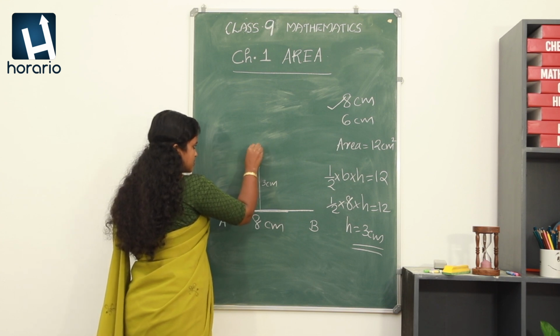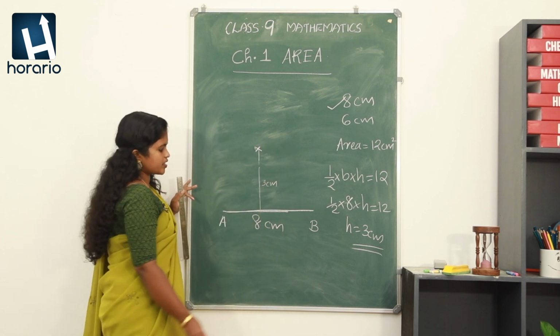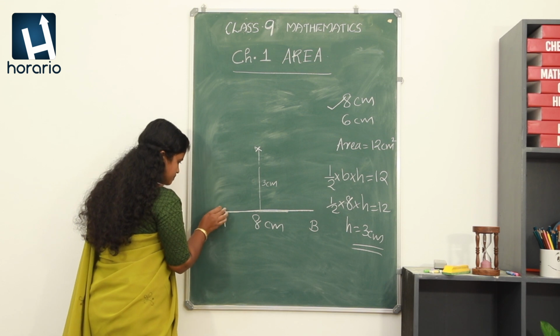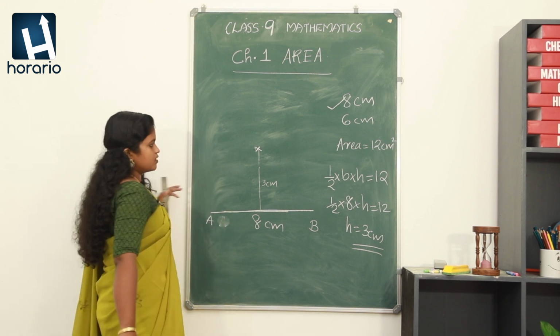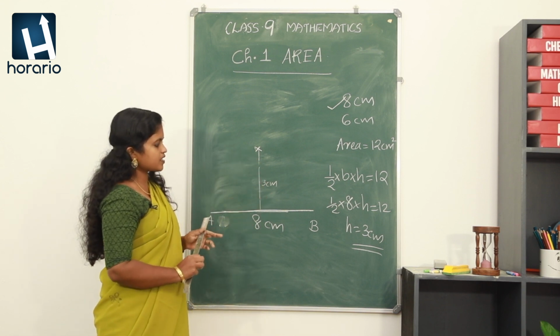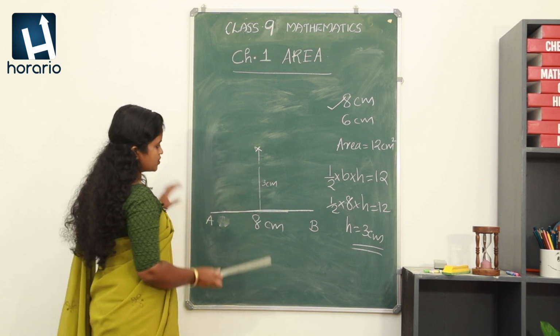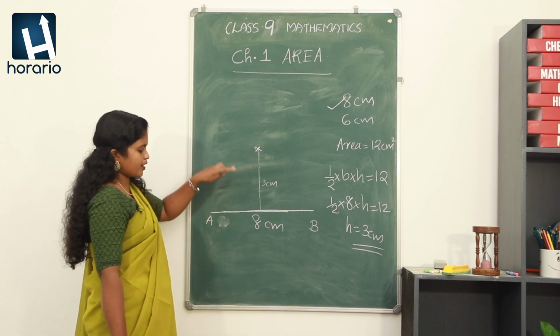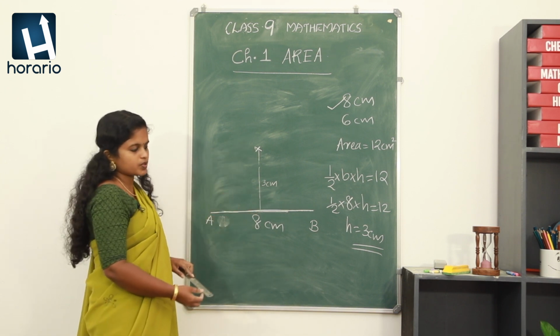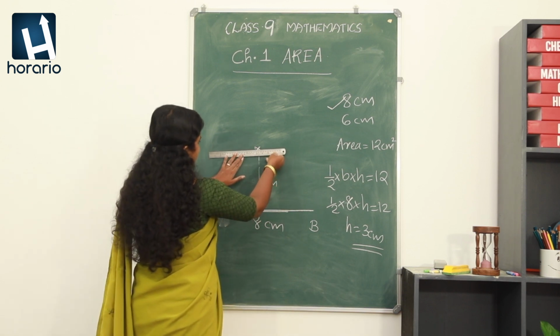So suppose this is the line measuring 3 centimeter and it is a perpendicular height. Now I am going to draw a parallel line through this point parallel to AB.